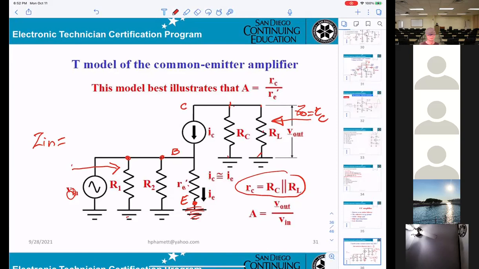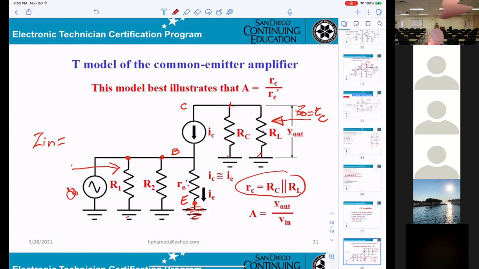R1, R2, RE in parallel, however, you cannot count on this r'e. This is inside the transistor, not outside.